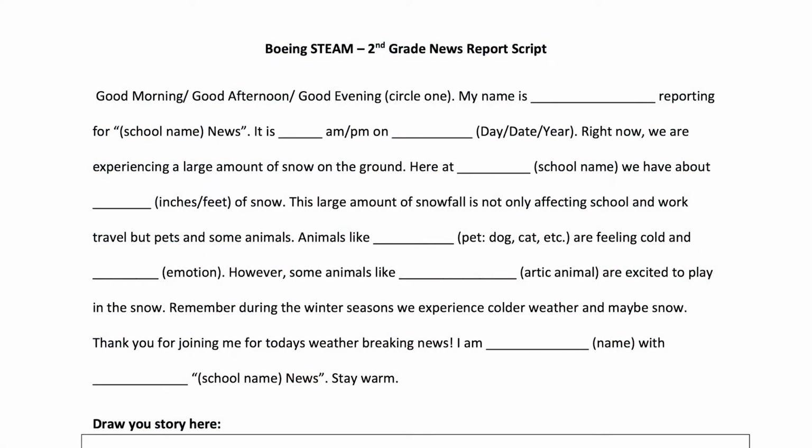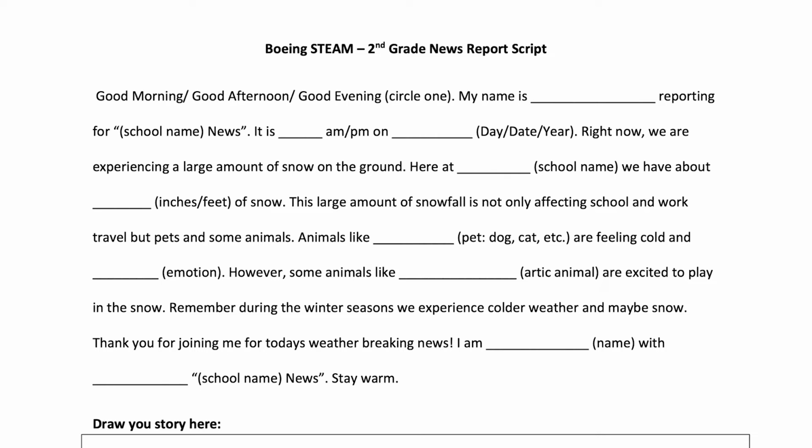Good afternoon. My name is Miss Wilson, reporting from Oklahoma A+ News. It is 2 p.m. on January 4th, 2022. Right now, we are experiencing a large amount of snow on the ground.